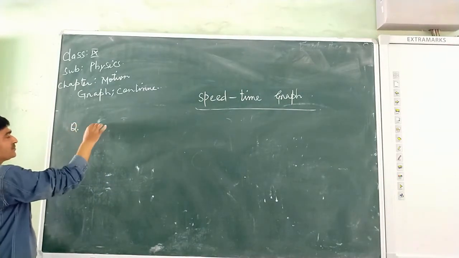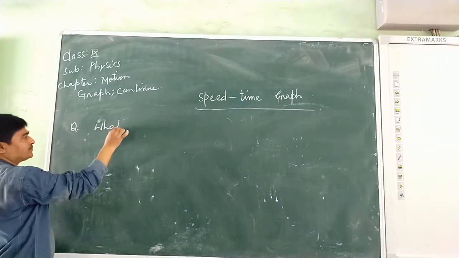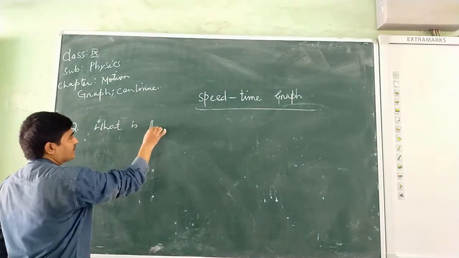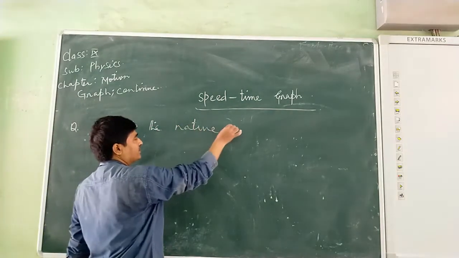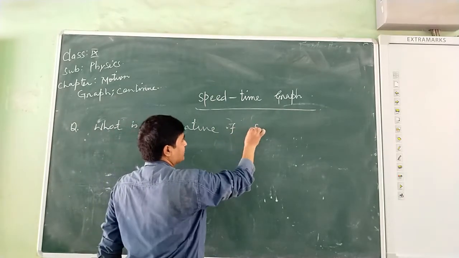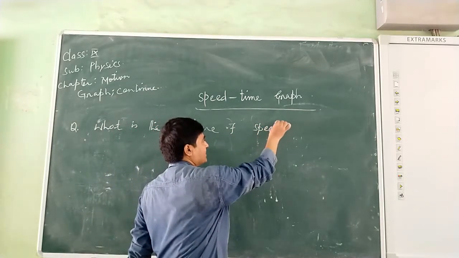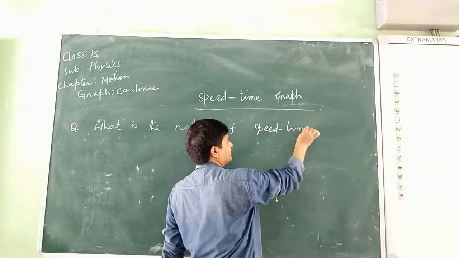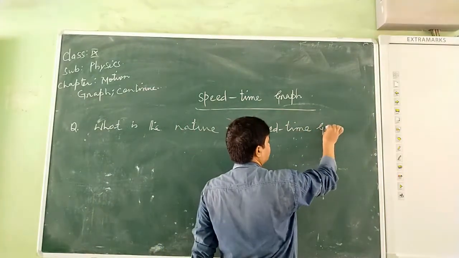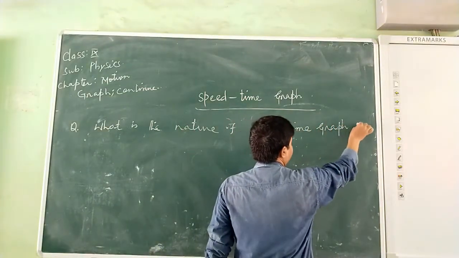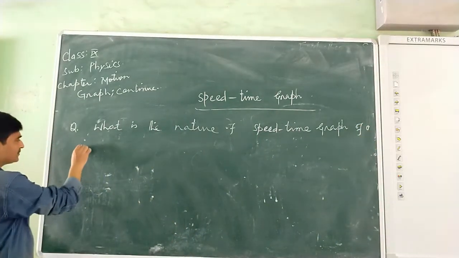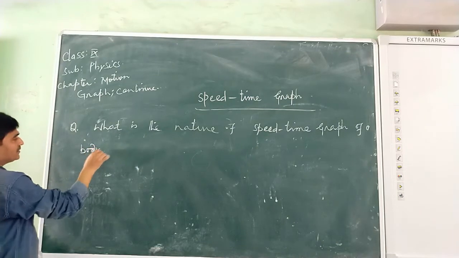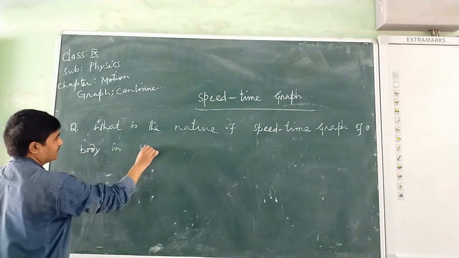Question: what is the nature of a speed time graph of a body in uniform motion?